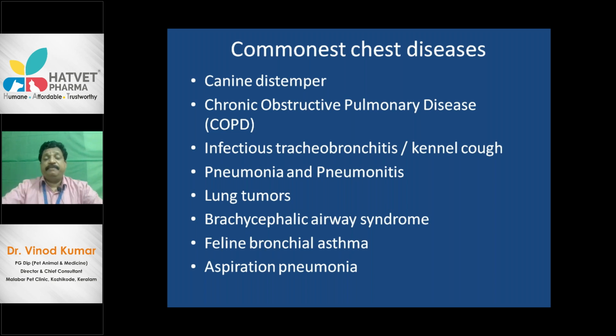Or orally we can give amoxicillin potentiated with the synergist, that is clavulanic acid. It's also a megaspectrum antibiotic. So the best is broad spectrum penicillin, so we can use the broad spectrum penicillin.